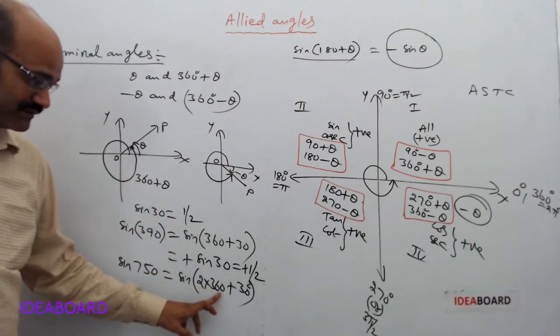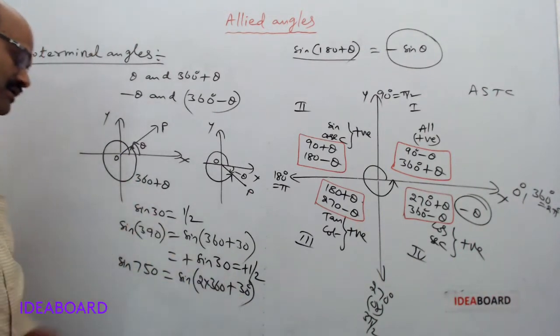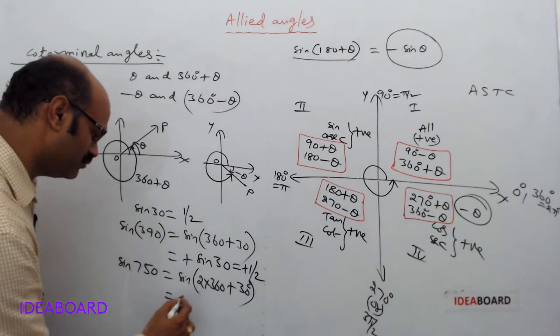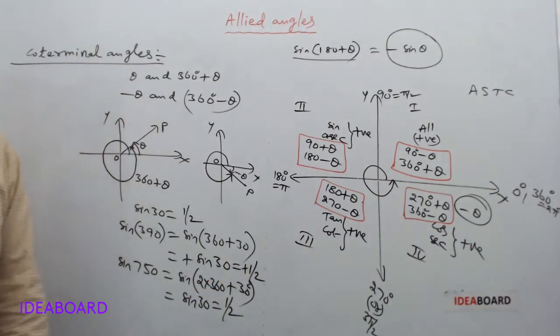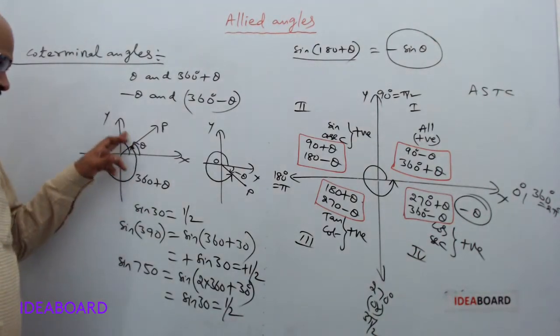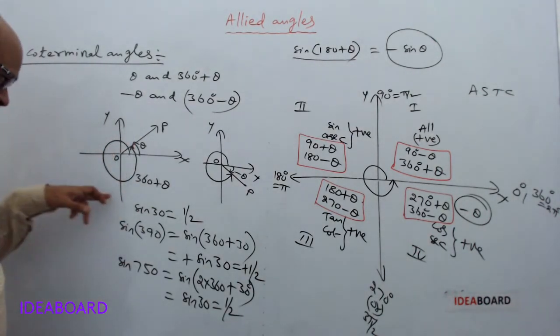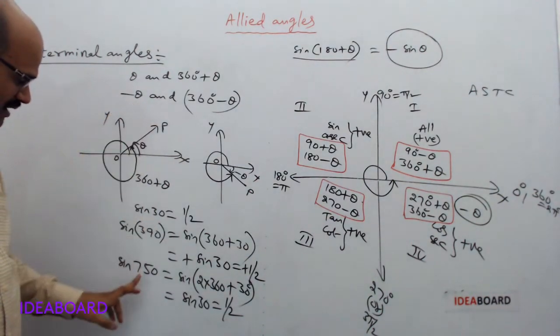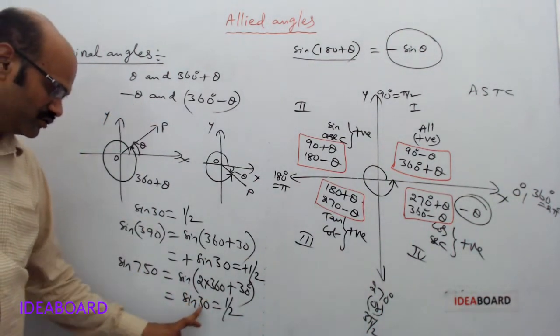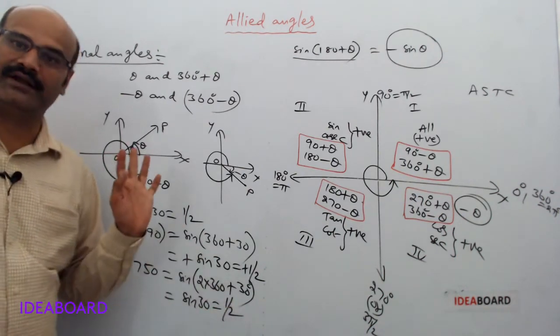Then we have 2 times 360 plus 30 degrees, which is equal to sine 30 degrees equal to 1 by 2. Even if it completes 1 revolution, 2 revolutions or 3 revolutions, if the terminal side is the same, we can write directly sine 30 equal to 1 by 2.